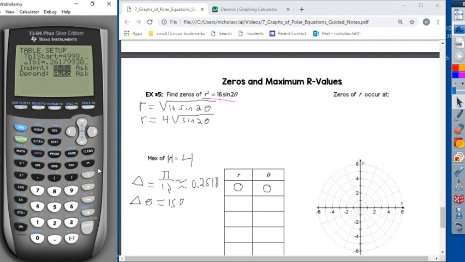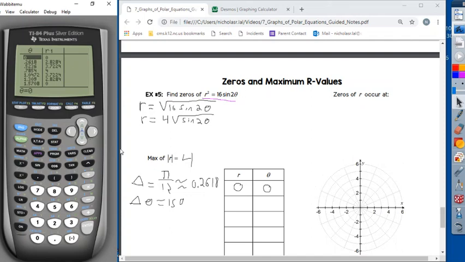And then looking at some of our values, we go to the table. Let's start our table at 0. Alright.